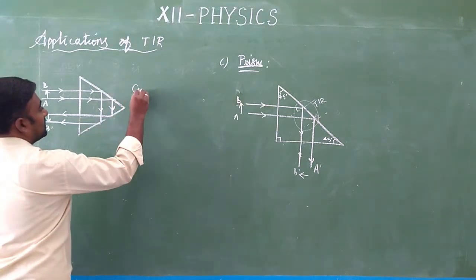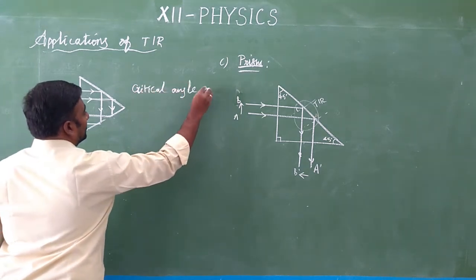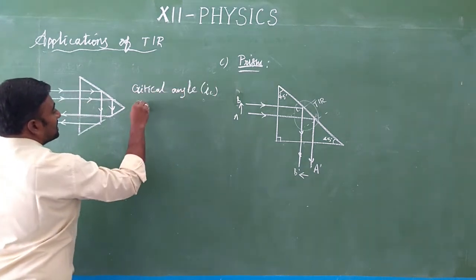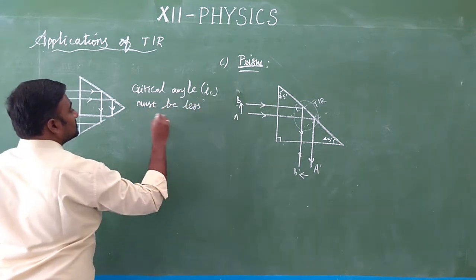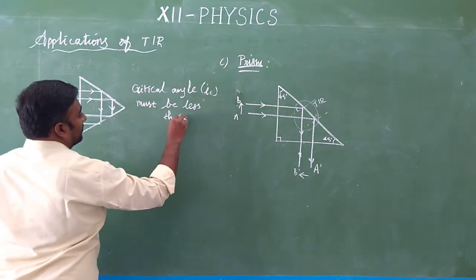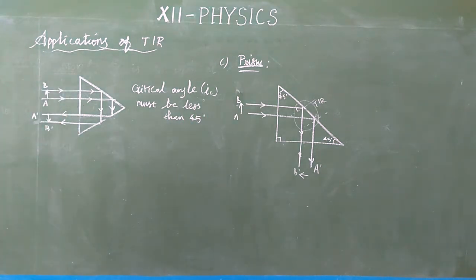The critical angle, that is iC, must be less than 45 degrees.